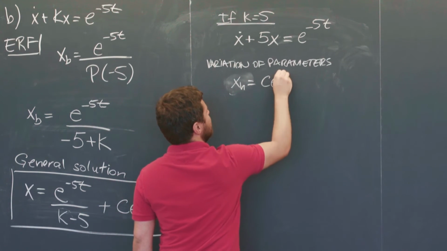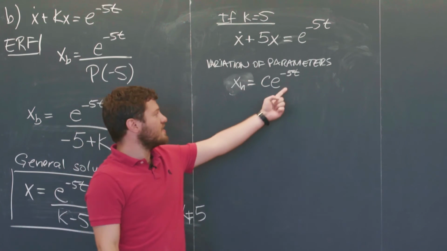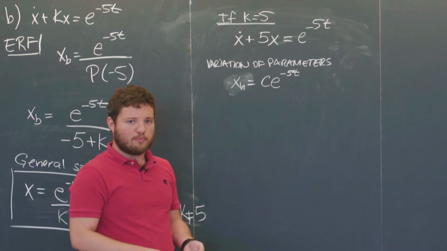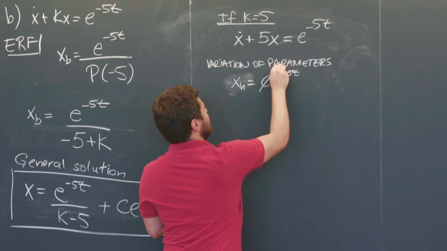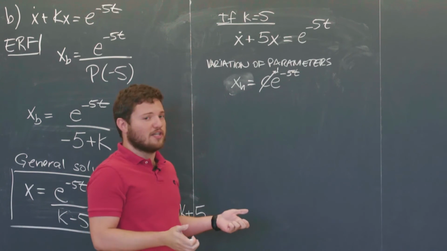We found that it was c times e to the minus 5t, because in this case k is equal to 5. But for the method of variation of parameters, we only need one homogeneous solution. So we can take c to be 1, and that will make the algebra easier.